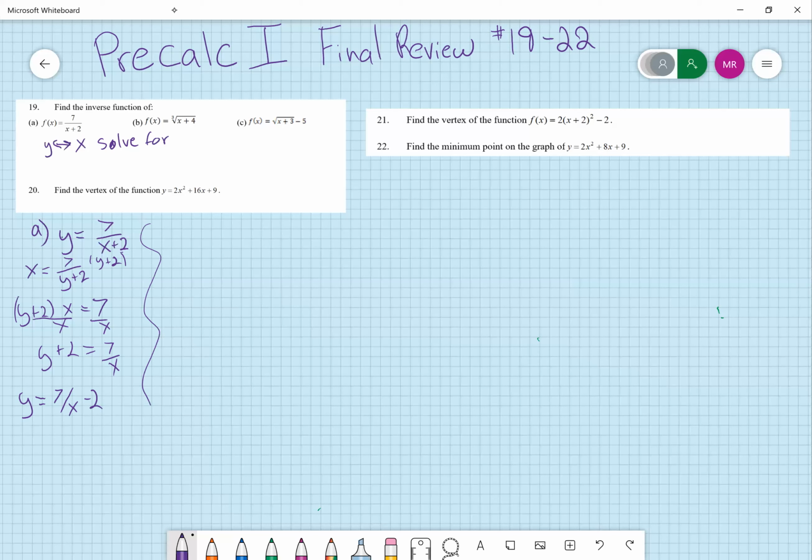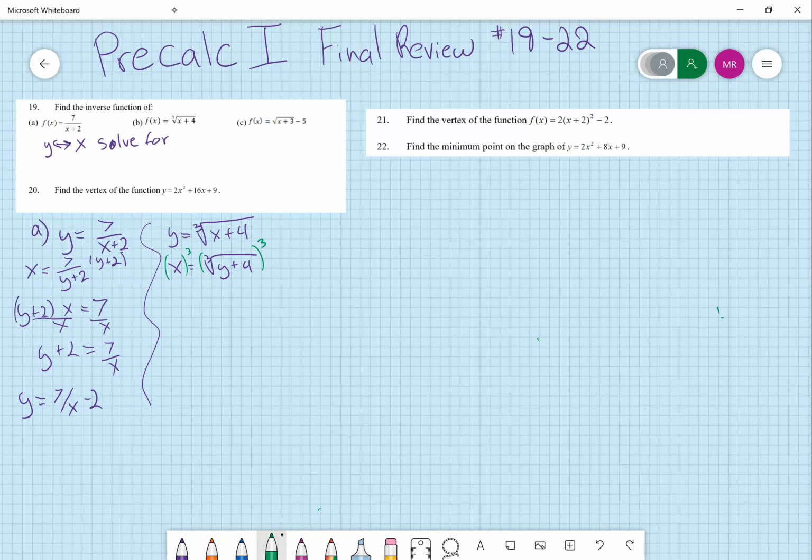Now let's do b. For b, we're given the function y equals the cubed root of x plus 4. So we swap our x and our y, so we get x equals the cubed root of y plus 4. Now, as long as we do the same thing to both sides of the equation, we're in bounds and we're doing okay.